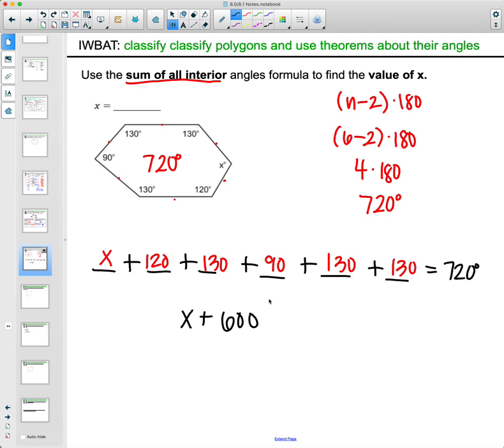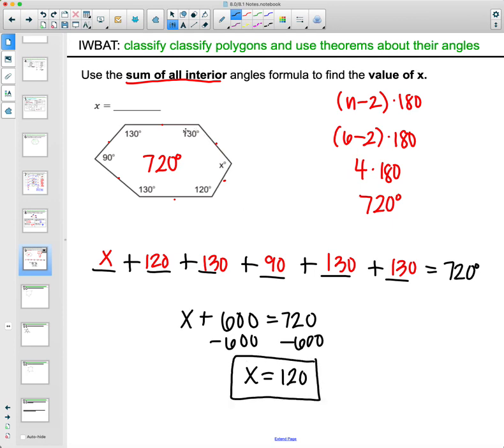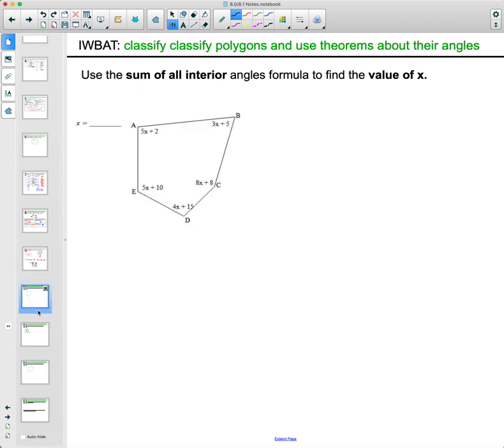So use a calculator. Yep, 600. Okay, so x plus 600 equals 720. So then you can subtract 600 from both sides, and you will get that that missing angle is equal to 120 degrees. Since these are all numbers, you could just do 720 and just subtract all of these off of there too.